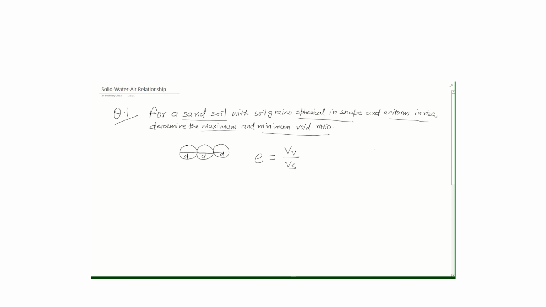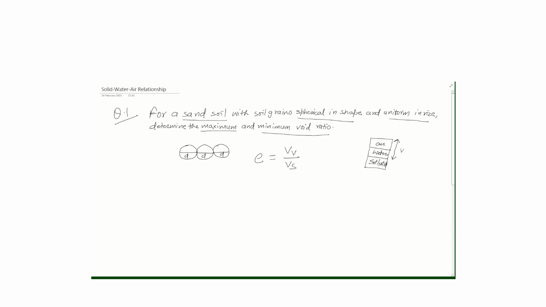So if you see the three-phase diagram of the soil mass, suppose this is the soil mass, and we have the three-phase diagram like this. This is the soil solid. If the soil has water, this is the space for water, and this is the air. So all the air and water will occupy the space of the voids.